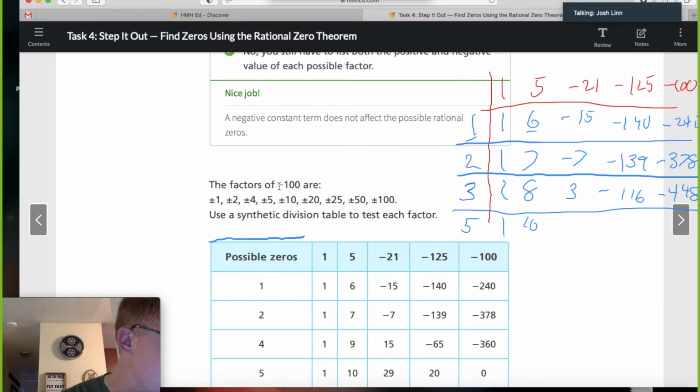Oh, 50 minus 21, 29. 29 times 5, 145 minus 125 is 20. 20 times 5 is positive 100. Oops. Positive 100 minus 100 is 0.